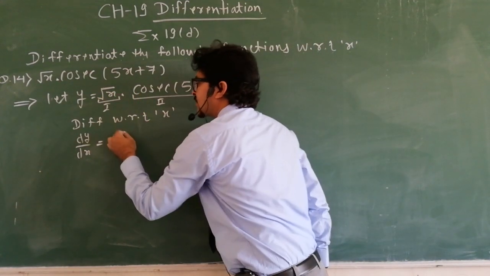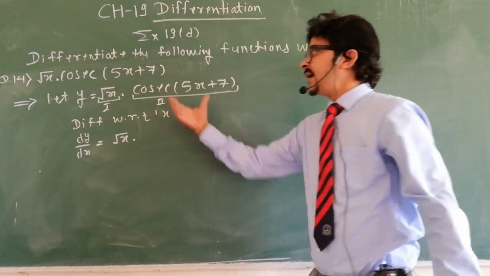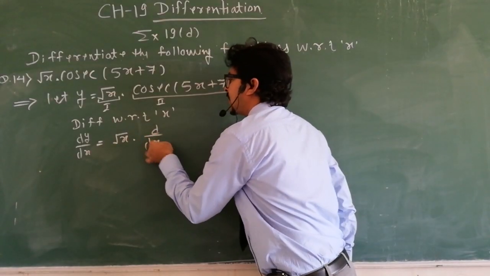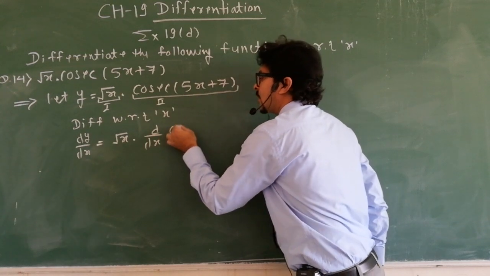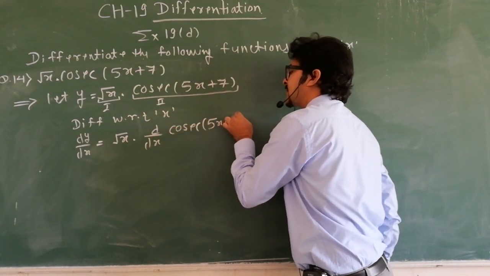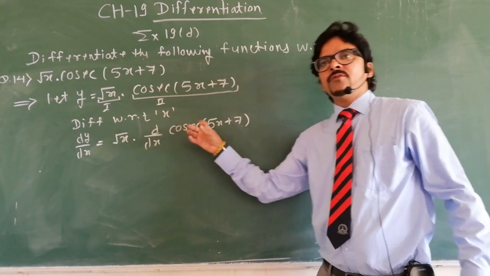we apply the u into v rule, so we write the first function as it is, which is root x, into the derivative of the second function, d by dx of cosec in bracket 5x plus 7. This is u into derivative of v.